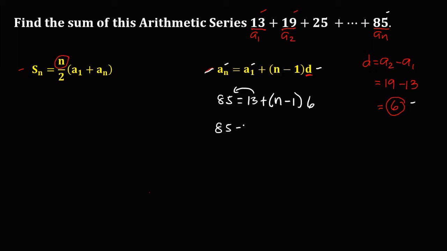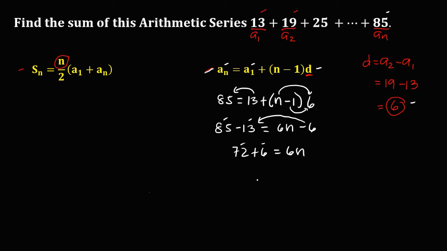We have 85 minus 13 equals 6n, then negative 1 times 6, that's negative 6. This 85 minus 13 is 72. Then transpose this negative 6, so this becomes positive 6, equals 6n.